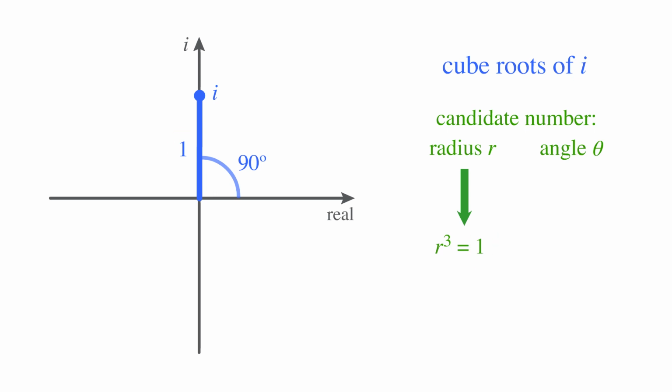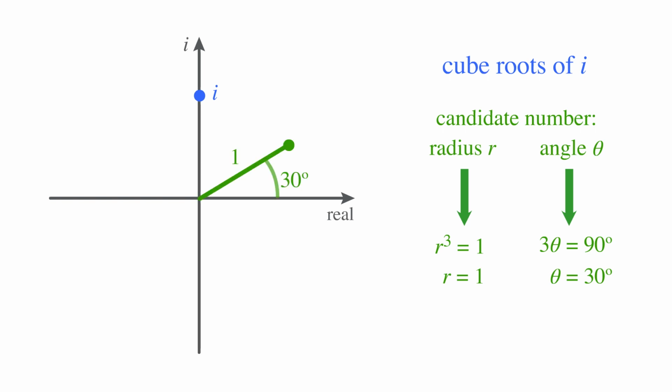So r must be 1 for our number also. In addition, we need 3 times our angle to match 90 degrees, so our angle must be 30 degrees. We found it. If we plot this point, we can check that it works correctly. The radius cubed will be 1, and if we wind the angle around 3 times farther, we land right where we need to be.